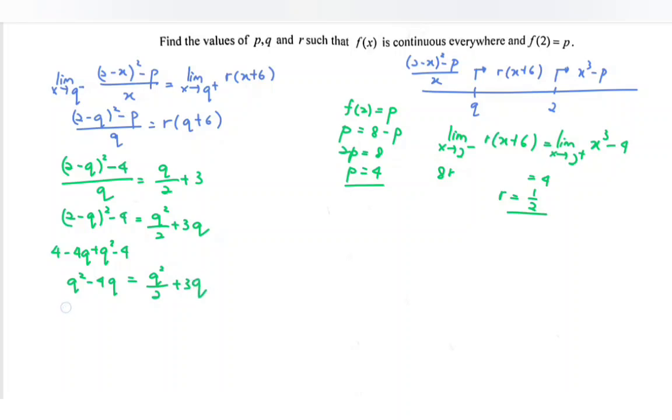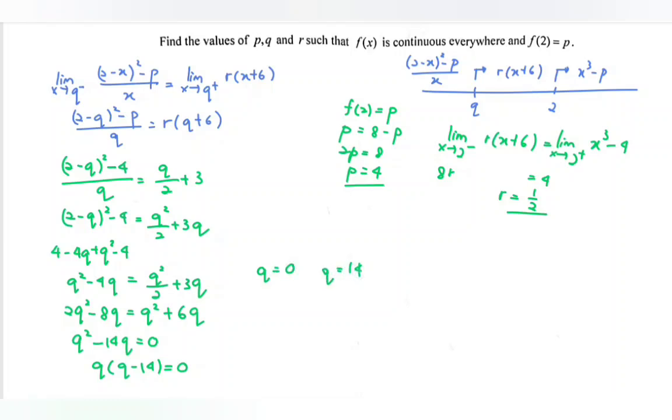Multiply all the terms by 2. So we have 2q squared minus 8q equals q squared plus 6q. So we have q squared minus 14q equals 0. Factorising, q(q minus 14) equals 0. So q equals 0 and q equals 14.